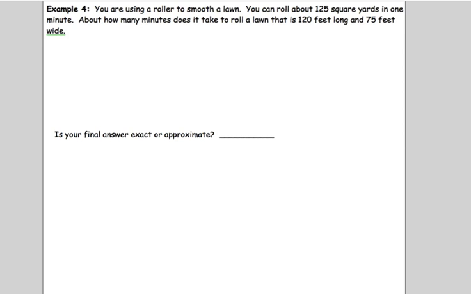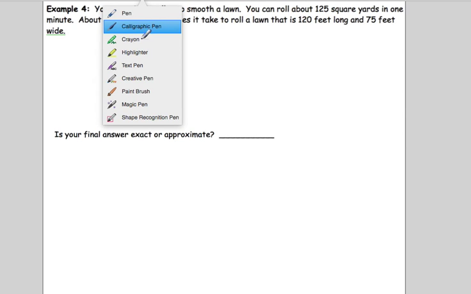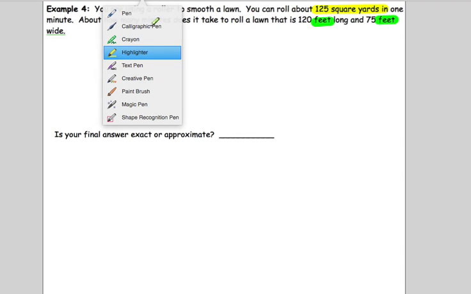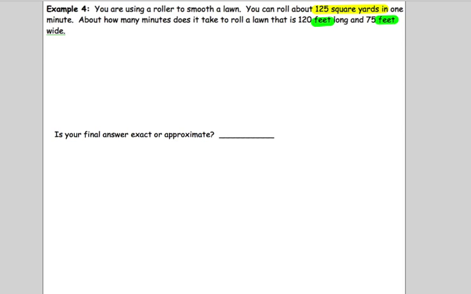Please notice that their speed here is measured in square yards, whereas our units are feet right here. So we are going to have to convert to the same unit of measure.